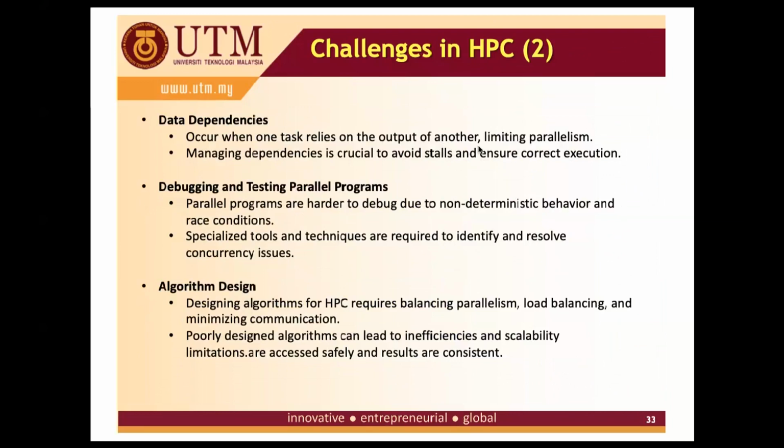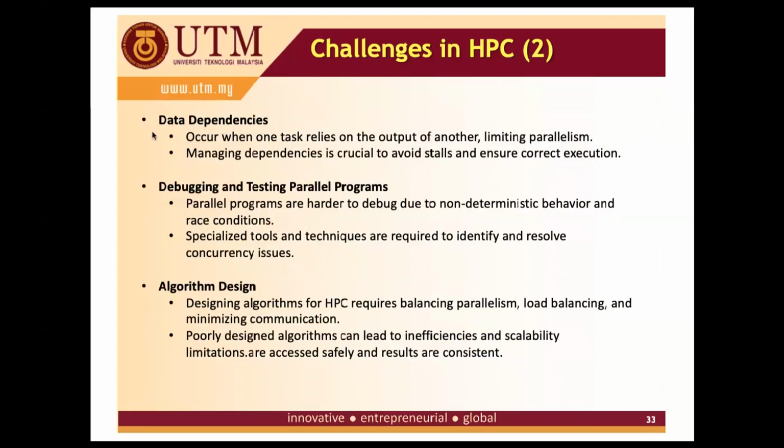That's why I need to monitor. That's the reason why I want you to put the details of the title, members, and so on. So back to here, data dependency. Managing dependency is crucial to avoid stalls and ensure correct execution. So this is another issue for data dependency.